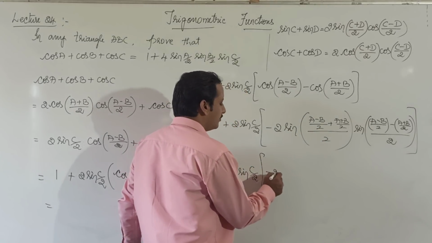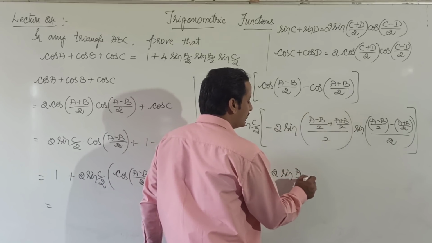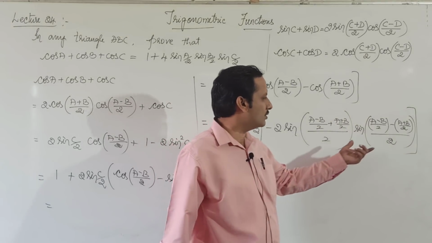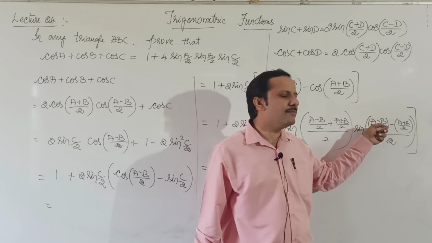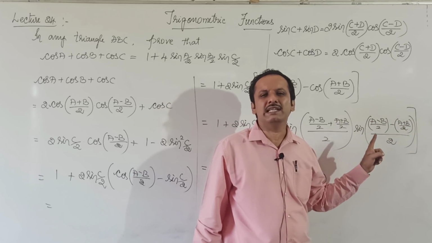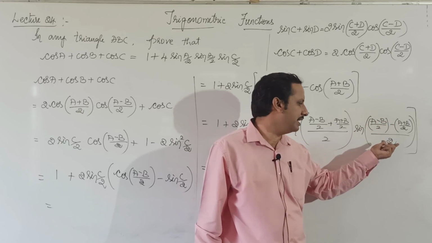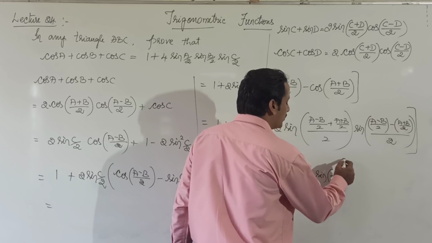So we will get minus 2 into sin a by 2 into sin of, now what happens, you observe here, here also 2 is a common denominator, a minus b minus a minus b, a gets cancelled, minus b will give you minus 2b by 2, that is minus b divided by 2. So sin of minus b by 2 will remain.